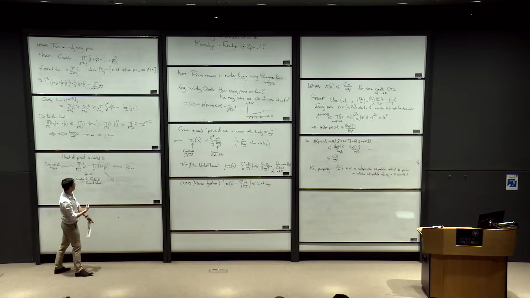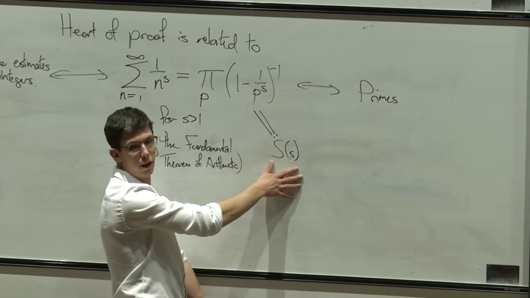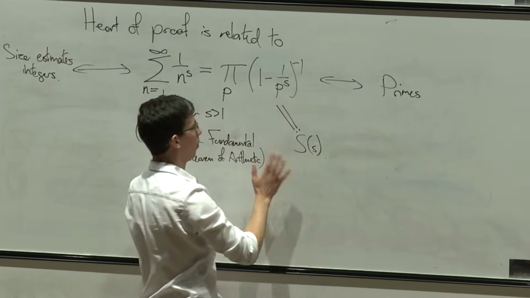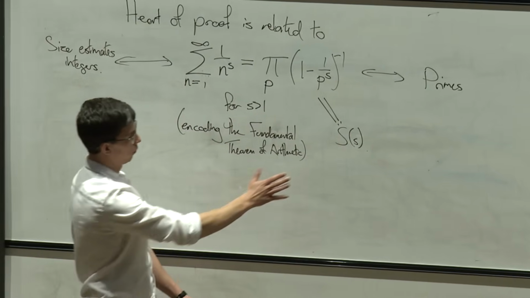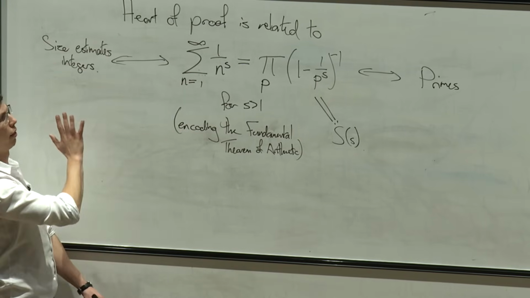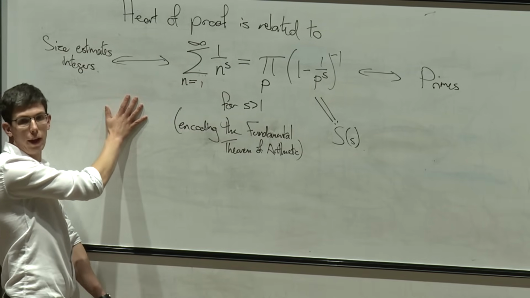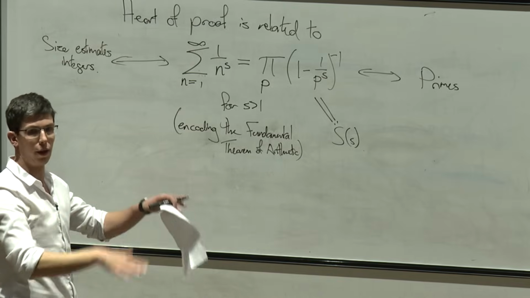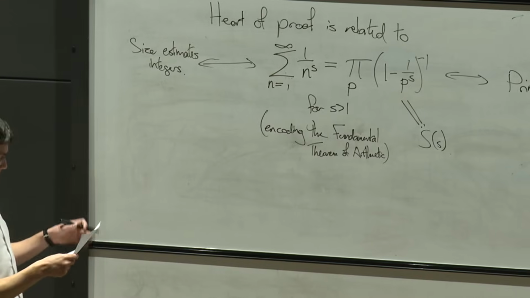But the key intermediate step is this Riemann zeta function that's allowing us to encode properties about the primes in terms of this object that's then related to integers and therefore amenable to actually get a handle on and get estimates to, and is mixing up multiplication and addition.